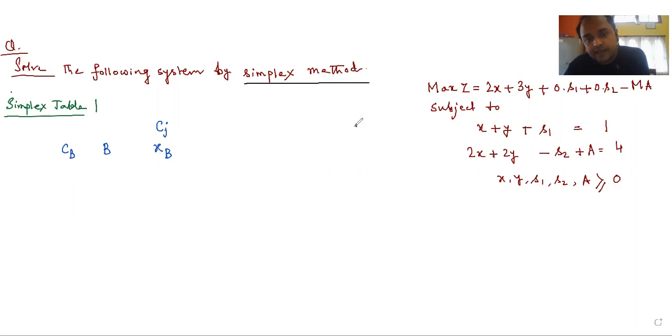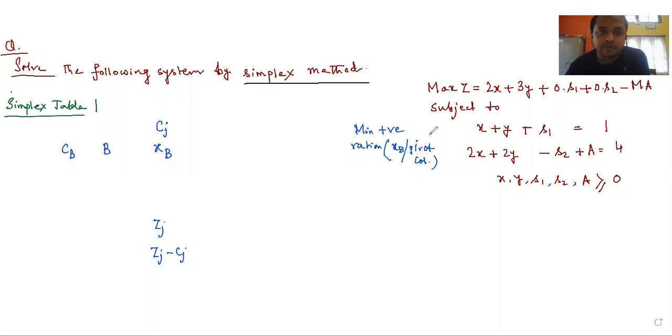And here we'll write minimum positive ratio, XB by pivot column. And below that, I'm going to write ZJ. And here I'm going to write ZJ minus CJ.